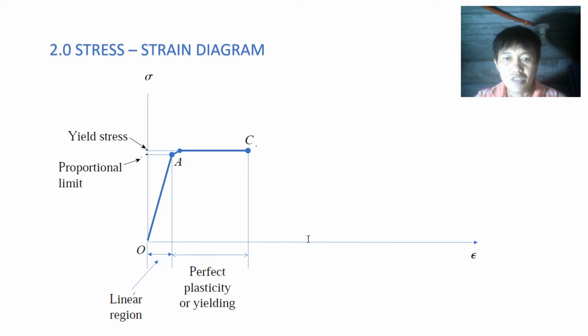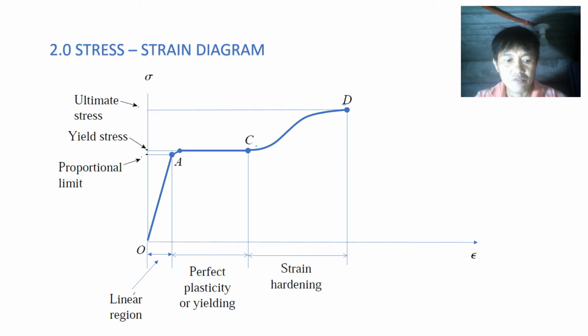After undergoing the large strains that occur during yielding in the region BC, the steel begins to strain harden. During strain hardening, the material undergoes changes in crystalline structure, resulting in increased resistance of the material to further deformation.